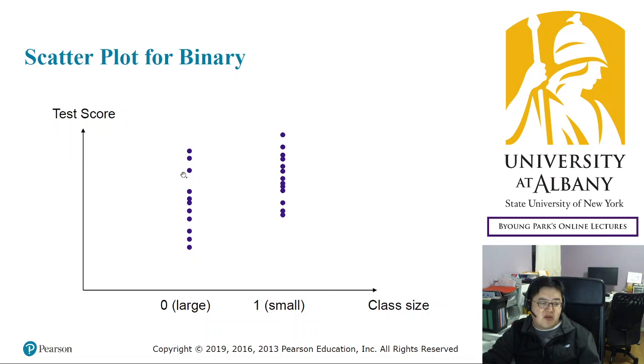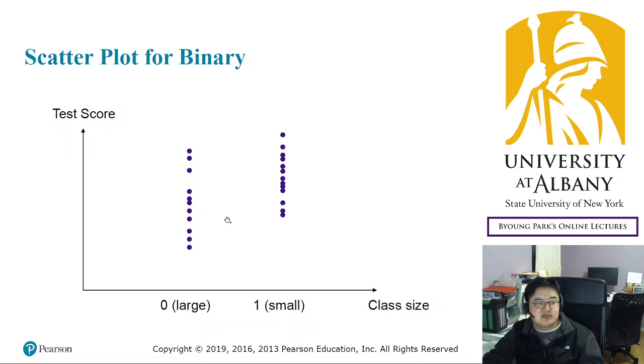So there are a bunch of observations aligned exactly at 0 and exactly at 1. So the data can be perfectly divided into a 0 group and a 1 group. That's the definition of a binary variable.